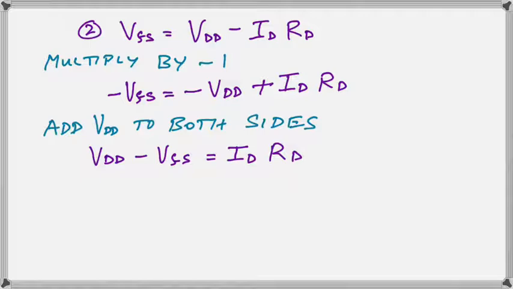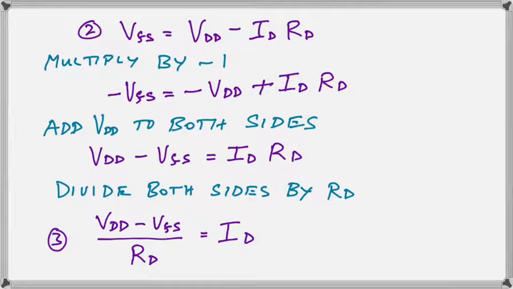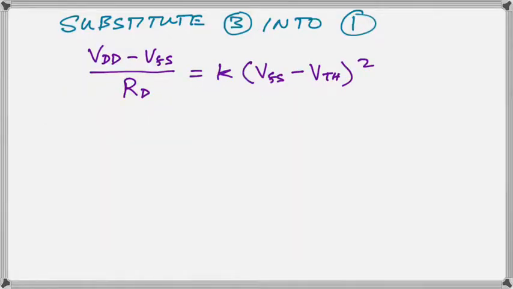So the VDD moves from the right to the left. Then all we need to do to isolate ID is to divide by RD. And there we have our ID, and we can now substitute into the other equation, substitute into 1, so that ID is completely eliminated.